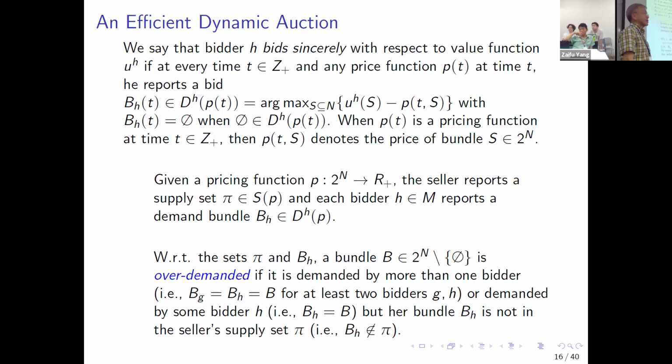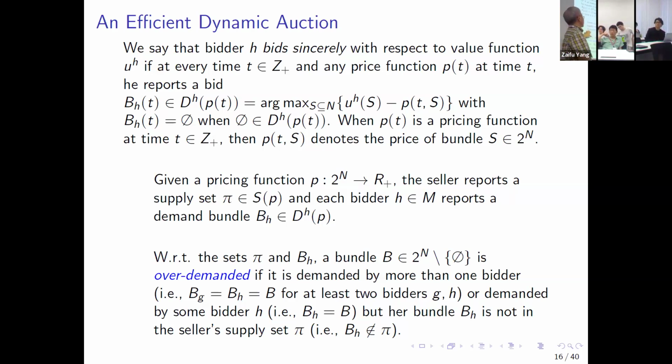So first we have the price function, then the seller reports a supply set with respect to this given function. Then every bidder reports a demand bundle, just one optimal demand bundle.